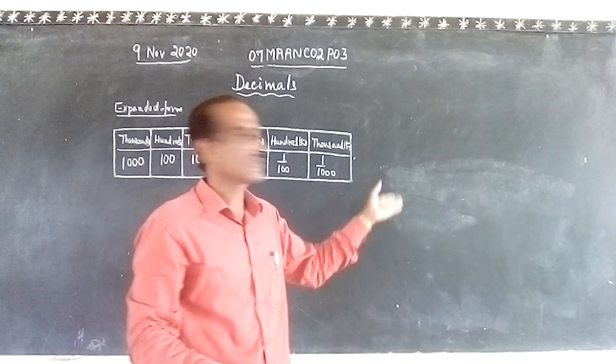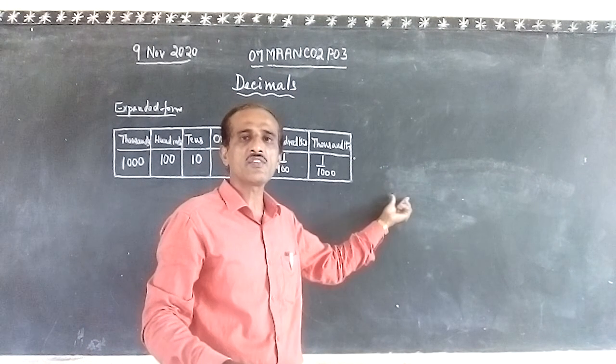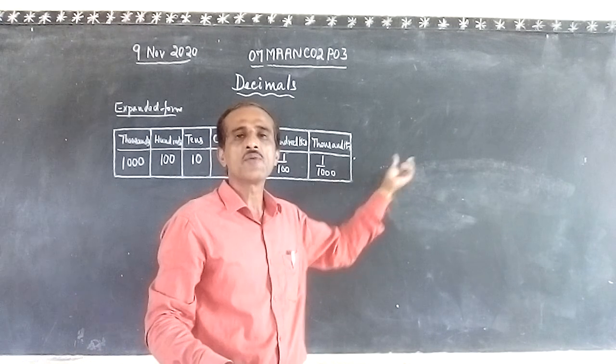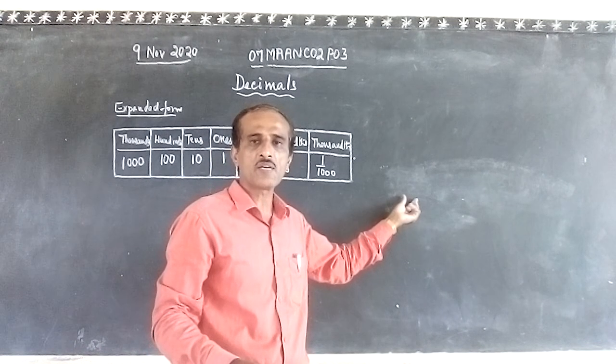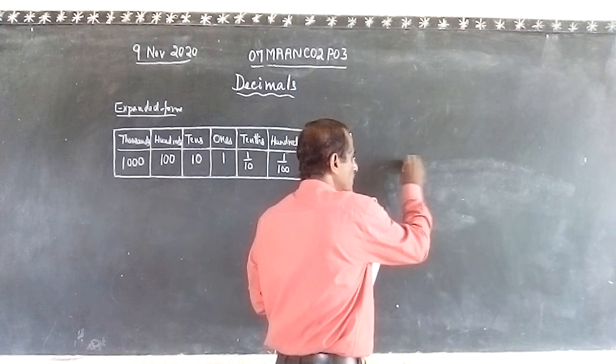Therefore, in 754, 7 is in the biggest place, the hundreds place. So 700 is there, 5 tens, that is 50, and 4 ones are there. See, the number is written like this.